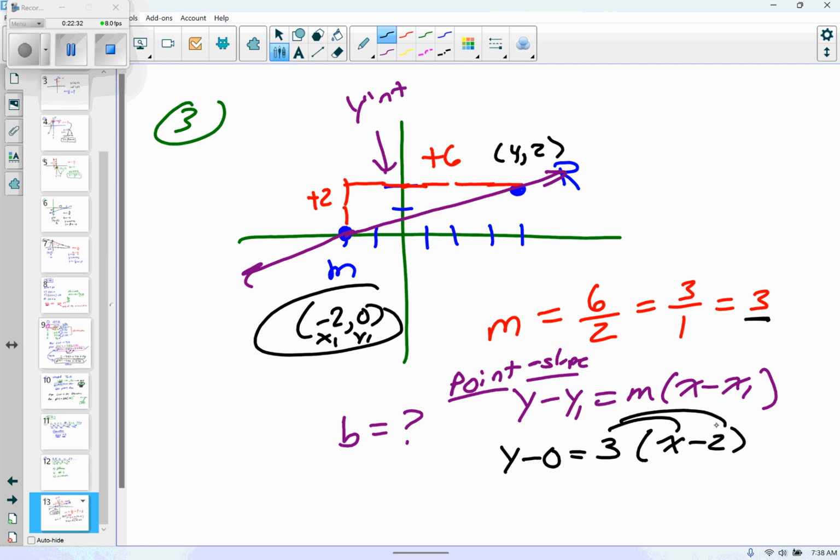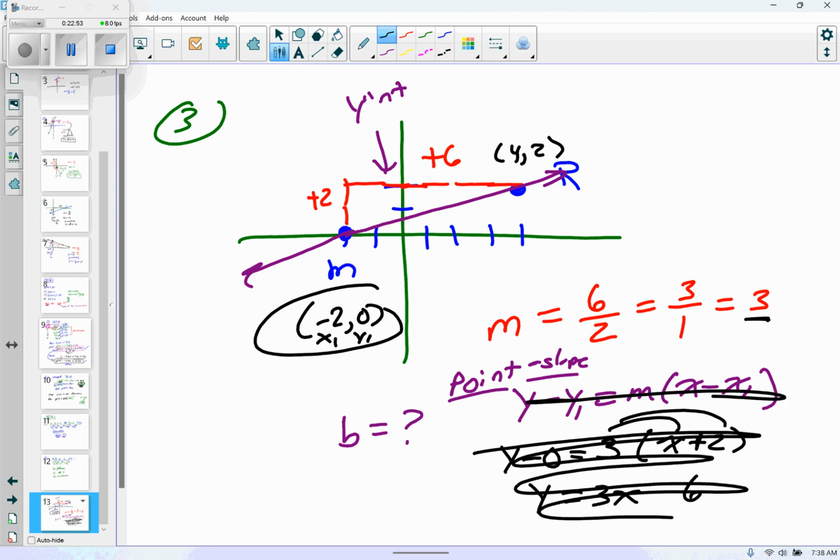And then if I distribute this over, y minus 0 is just y, and I get 3x minus 6. Did I do that right? Oh, that should have been a +2. Sorry about that. Yeah, let's scratch that. We're not going to even worry about it.